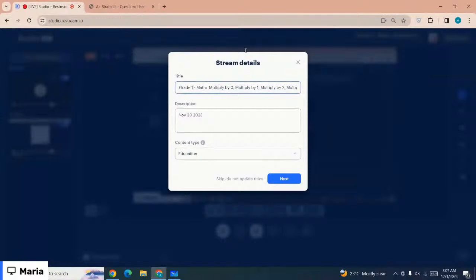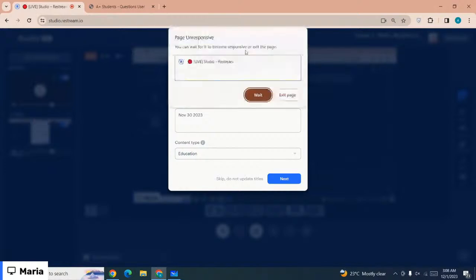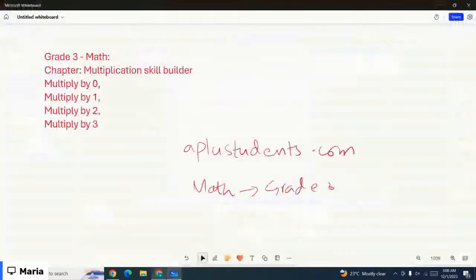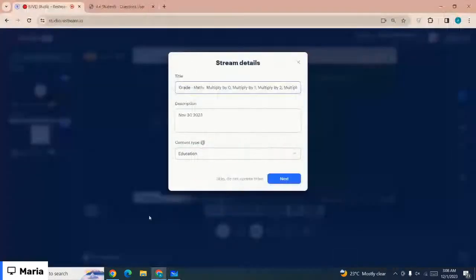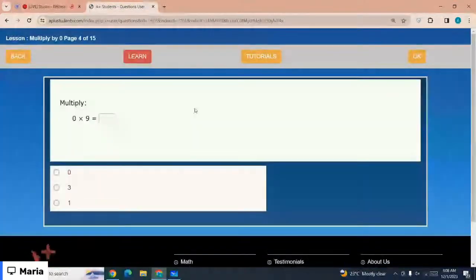So we are working multiply by 0. So what we learned here is any number when you multiply it with 0, the answer is 0 no matter what the number is, right? 0 times 9 equals, yes, that is also 9.